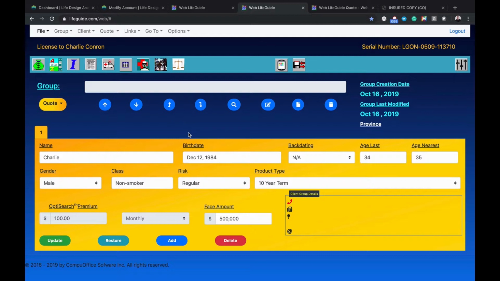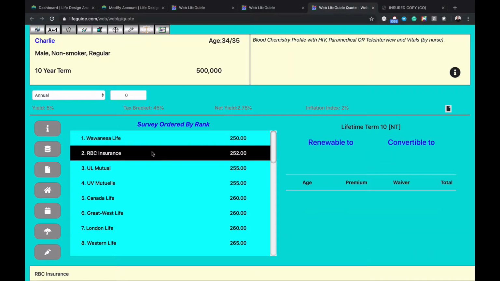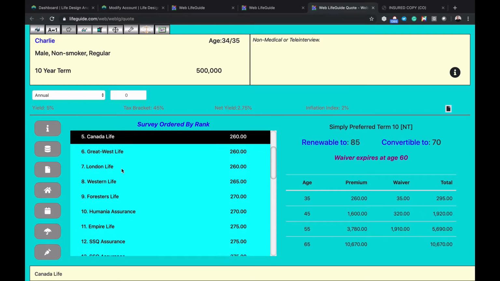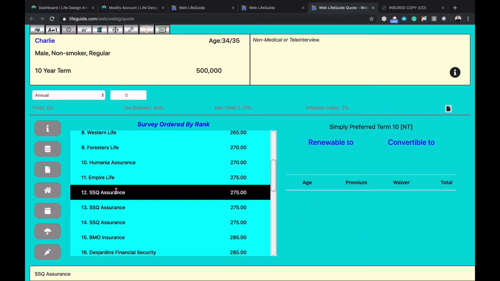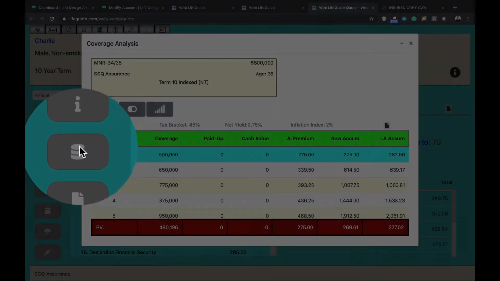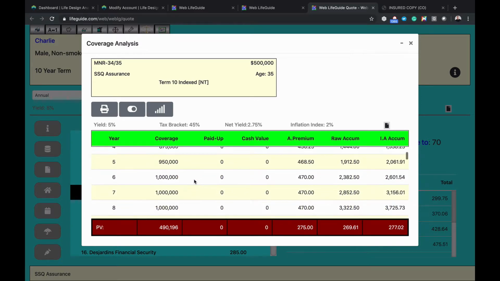There is also, Charlie, if you go back to the quote screen of the WebLG, highlight any company, just pick one, and then go on the left side. If you click on the icon, let's say the second icon down, that brings you the cash flow within the policy.